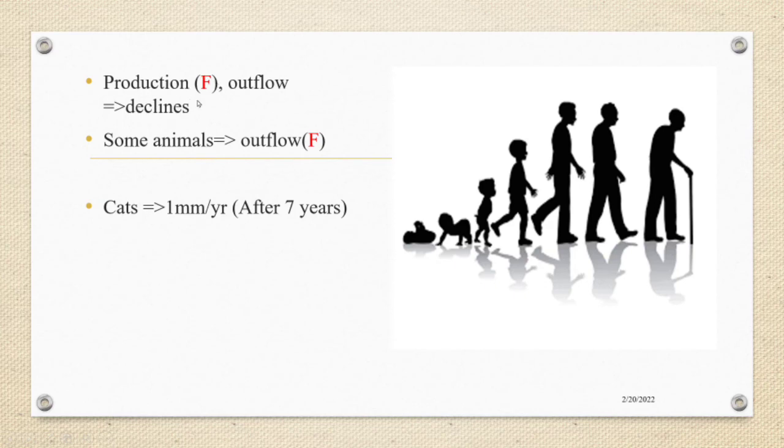As age goes on, the production will decrease first, then the outflow. In some animals, the outflow decreases first and the production decreases next. In cats, after 7 years of age, the IOP decreases by 1 mm per year.